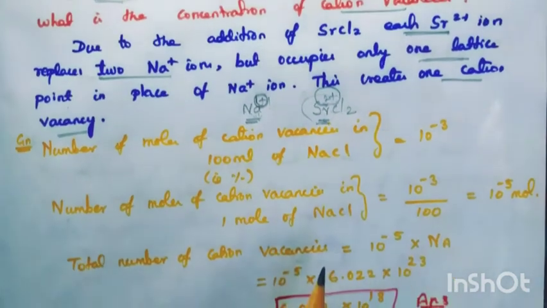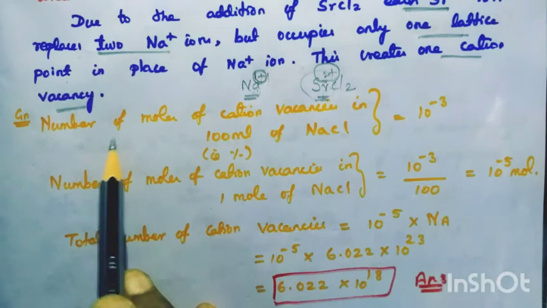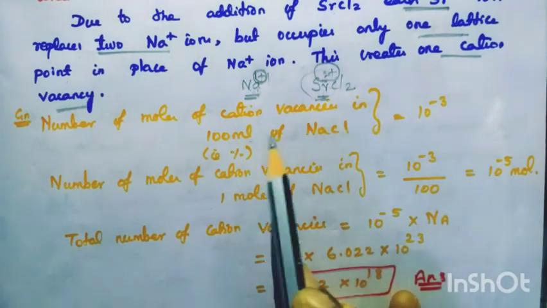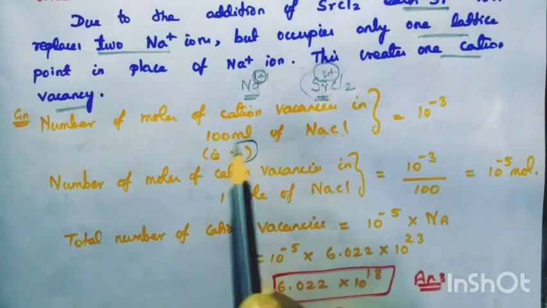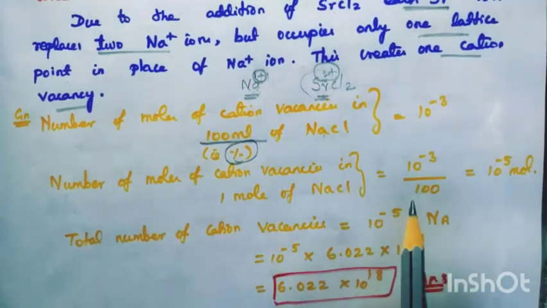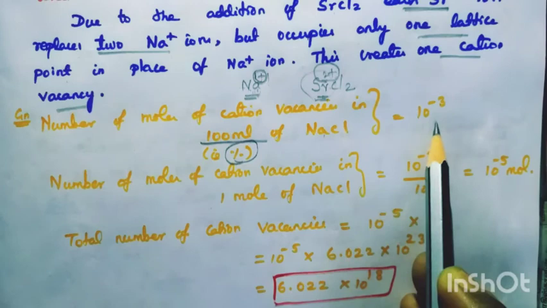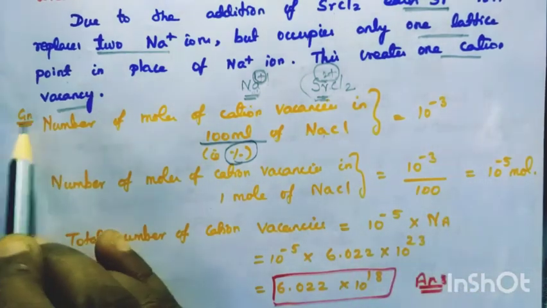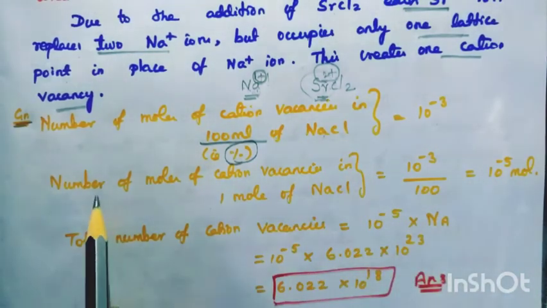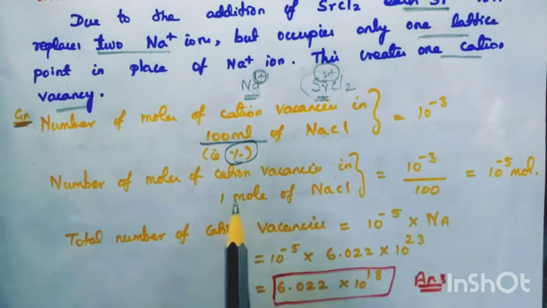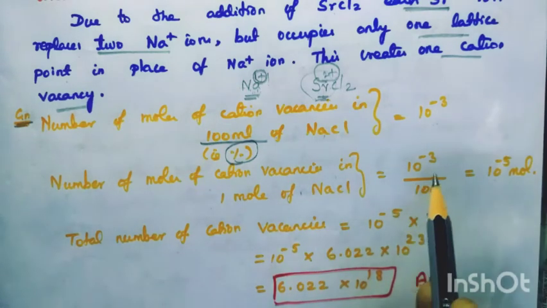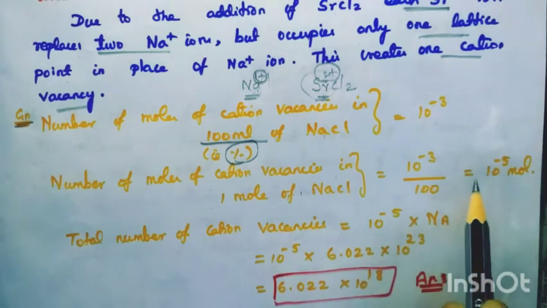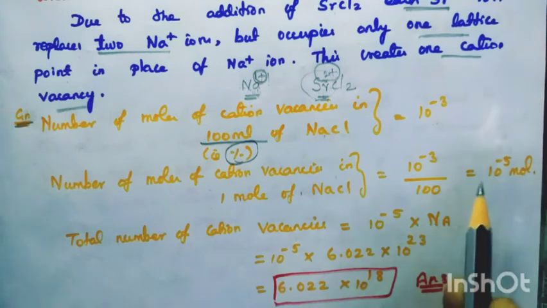Cationic vacancies. So, now, the number of moles of cationic vacancies in 100 ml of NaCl. Percentage is given, so we are taking this as 100 ml. Given 10 power minus 3. That means the number of moles of cationic vacancies in 1 mole of NaCl is 10 power minus 3 by 100, that is equal to 10 power minus 5 mole.